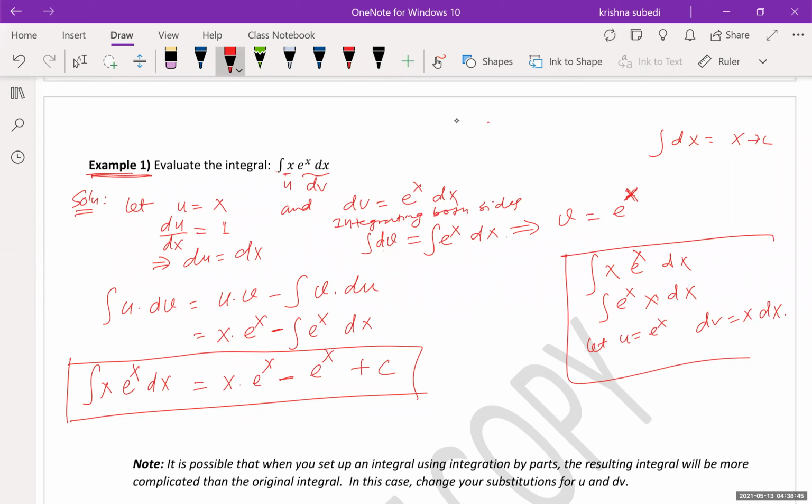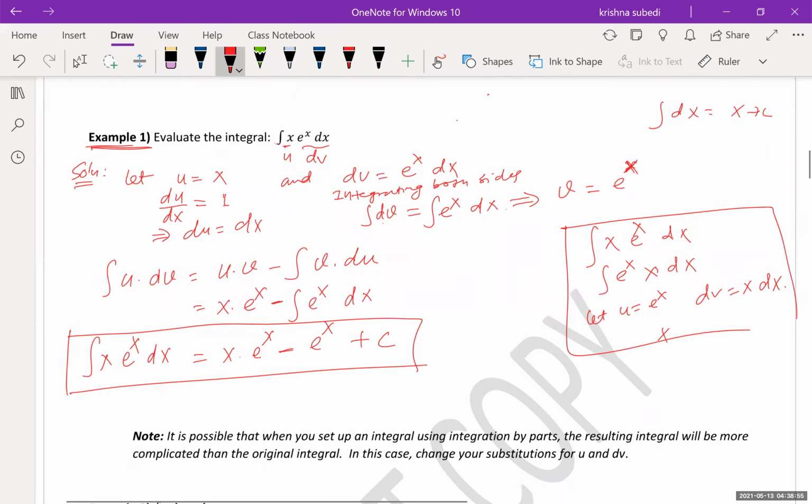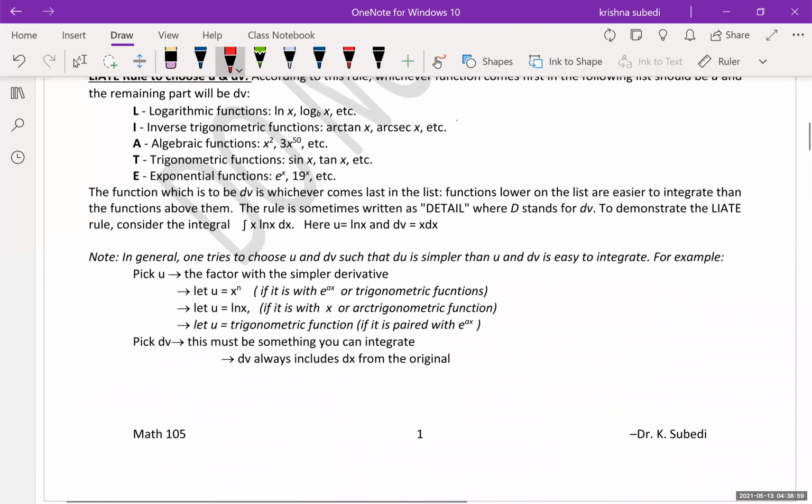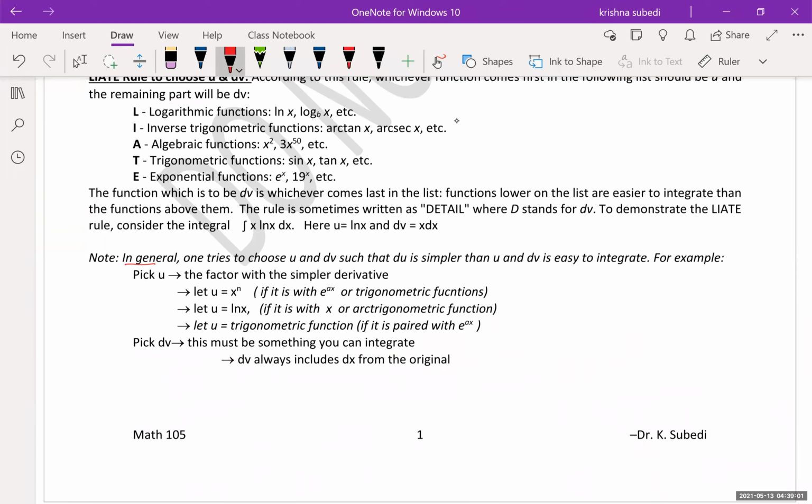No, it doesn't work. Here is the idea. In general, you try to choose u and dv such that du is simpler than u when you differentiate, and dv is easy to integrate.